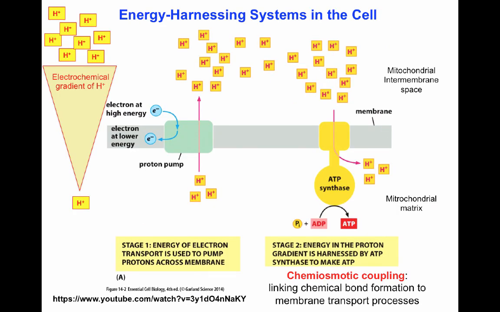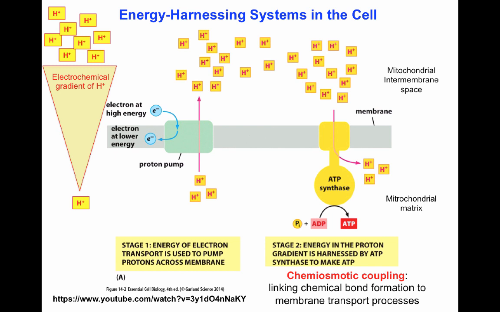So as the molecules are receiving and passing down electrons through the electron transport chain, you're going to have the pumping of protons across the inner membrane of the mitochondria. That is going to generate a proton gradient that we call the Proton-Motive Force. Now, in the first stage, the energy of the electron transport is going to be used to pump the protons across the membrane.